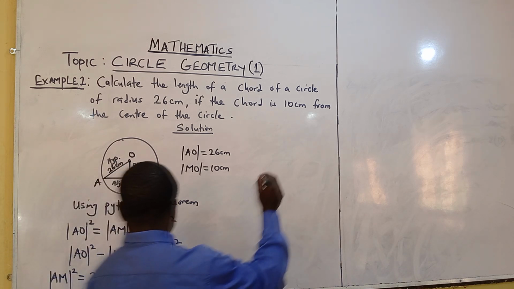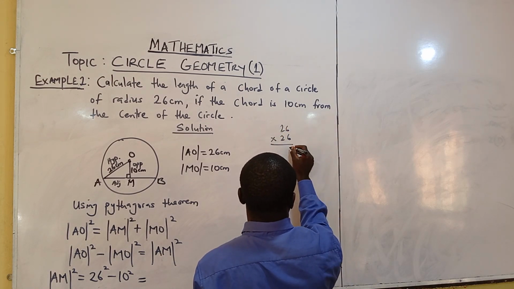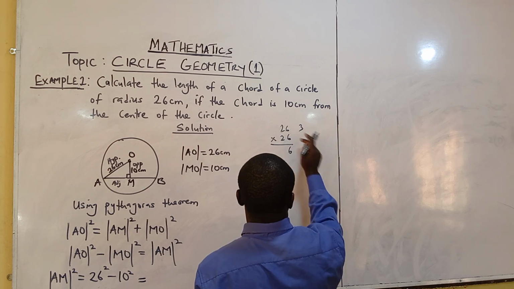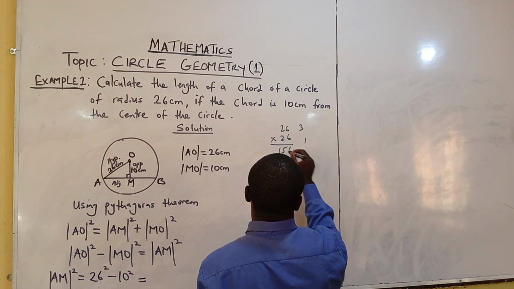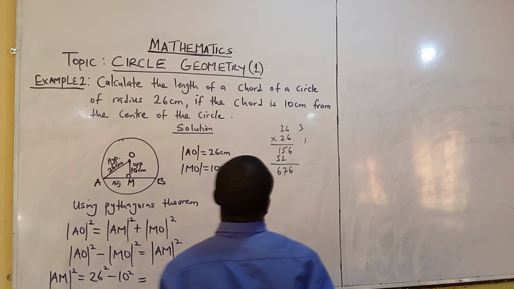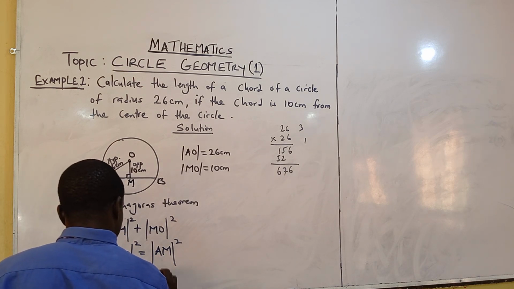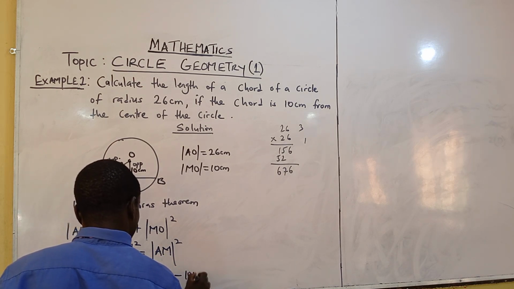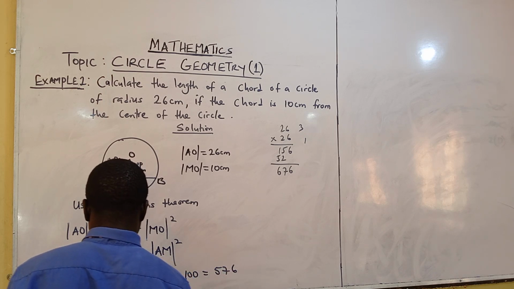Now let's multiply it. 26 multiplied by 26: 6 times 6, that's 36, 6 carry 3, 6 times 2, 12 plus 3, 15, 2 times 6, 12 carry 1, 2 times 2, 4 plus 1, 5. I have 676. 676 minus 100, which is 576.